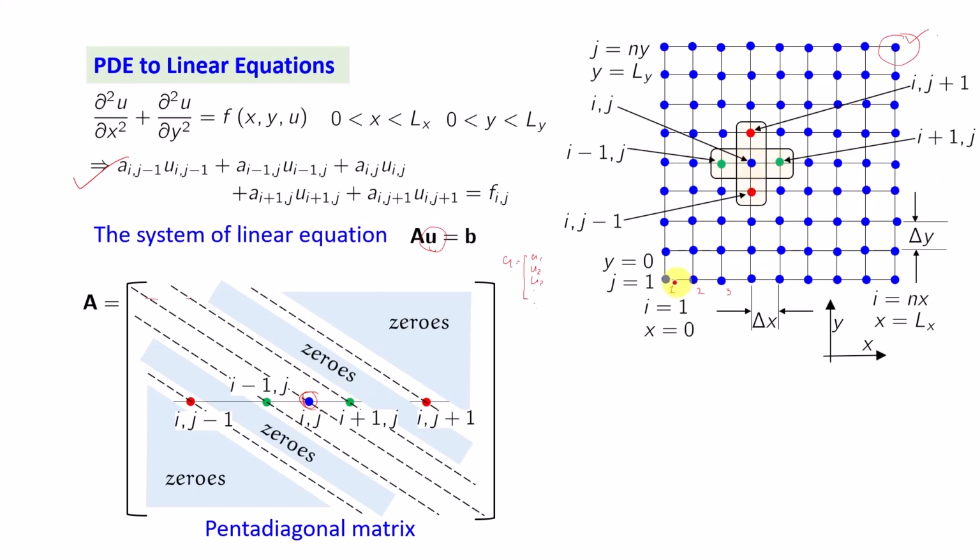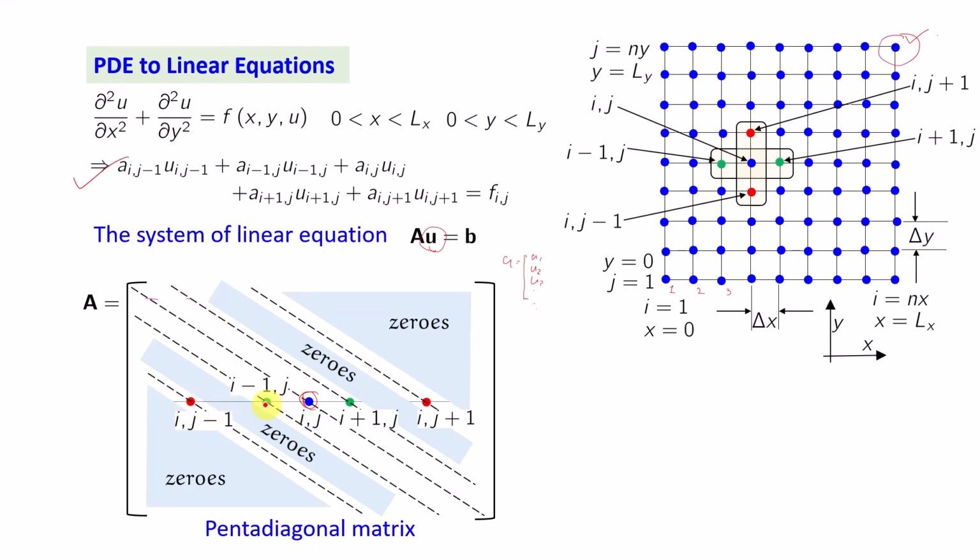The point is going like this. So I am going this unknown, then this unknown, then this unknown, then this. So I have hit here i, j minus 1. Then I hit nothing, nothing, nothing, nothing: all coefficients 0, 0, 0, 0. Then I hit again. So the coefficient of i, j minus 1 is here. Then again lots of zeros.